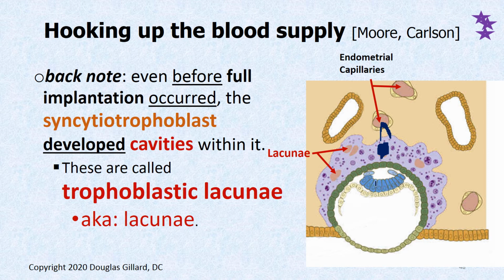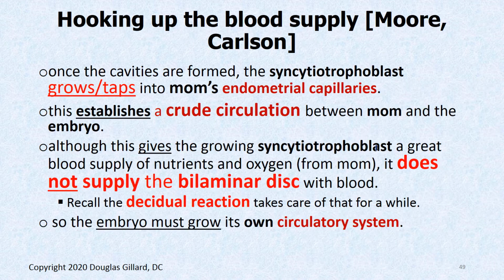But we still got a problem, because there's the human right here. The bilaminar disc needs to be fed, and so we're going to tap into those lacunae and grow blood vessels and blood cells to feed everything. And that's where we're going to go with this story. But first, we have these trophoblastic lacunae.